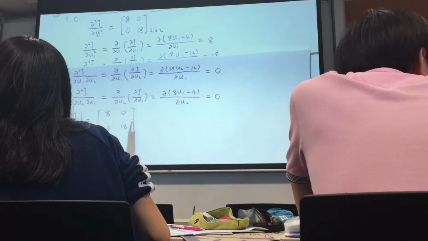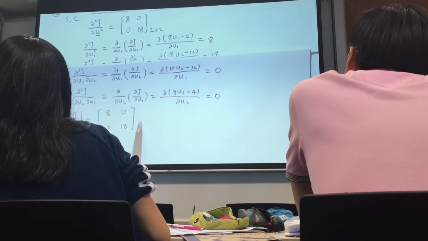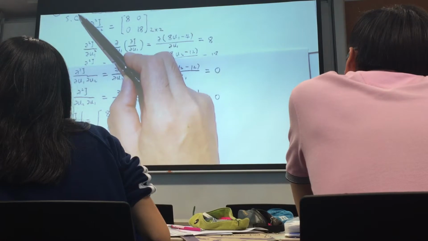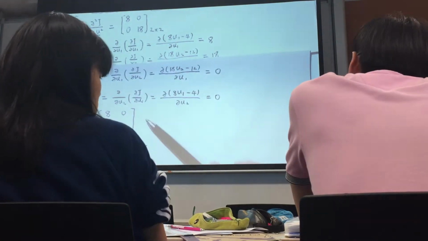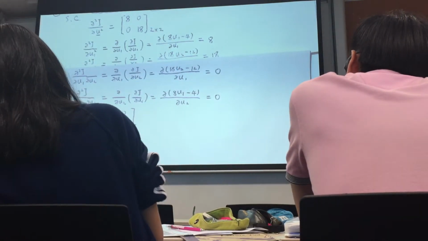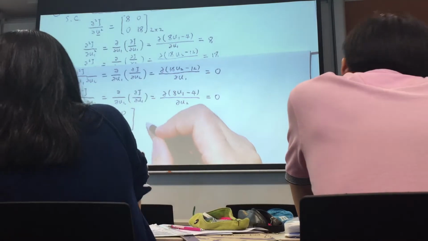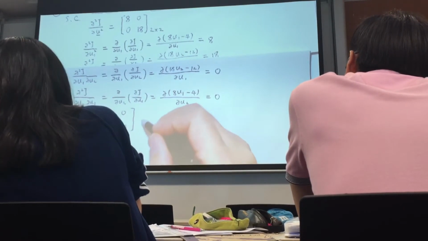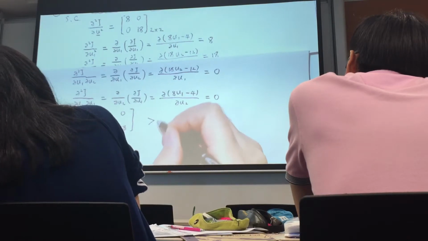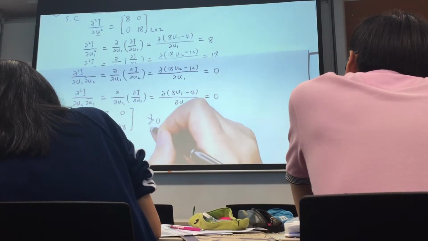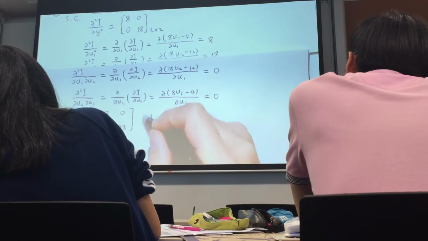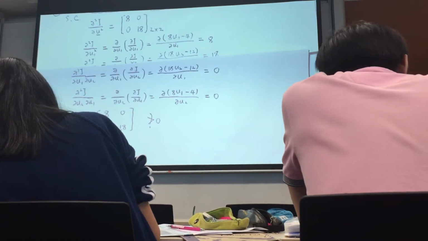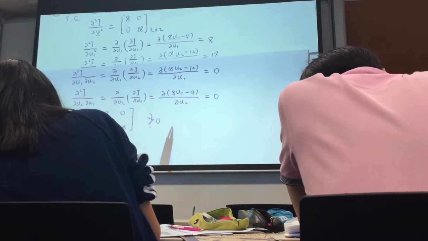Now the important step. We have not evaluated the sufficient condition. We just calculated the second derivative. Now to evaluate the sufficient condition is to check whether this matrix is greater than 0. So this is the question, so I put a question mark here. We want to check whether this matrix is greater than 0.